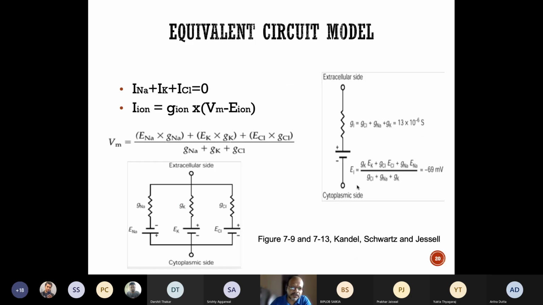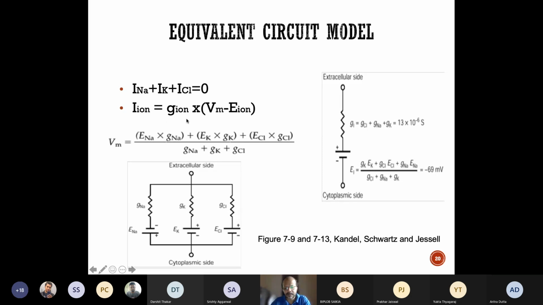Okay, and the whole thing actually is as simple as this. This is how I get to the resting membrane potential. I say that, okay, at the resting membrane potential, none of the currents are themselves zero, but their sum is zero. And the current flowing through each of these ion channels is just whatever is the potential difference, Vm minus E of that ion channel, multiplied by the conductance.